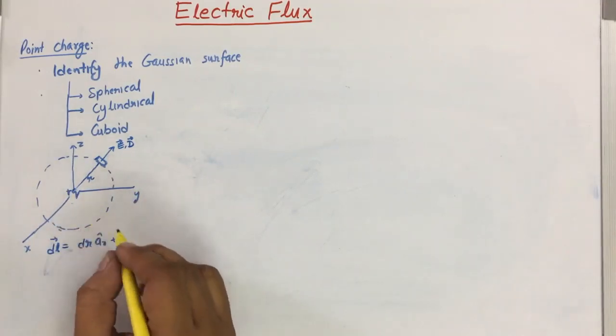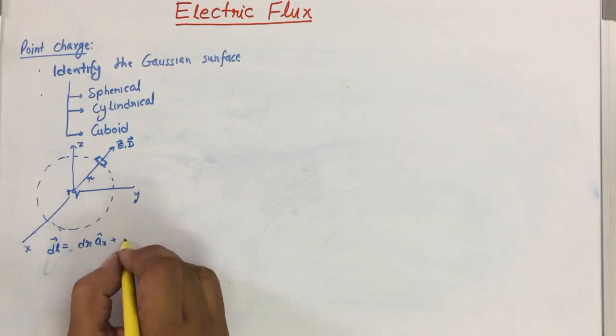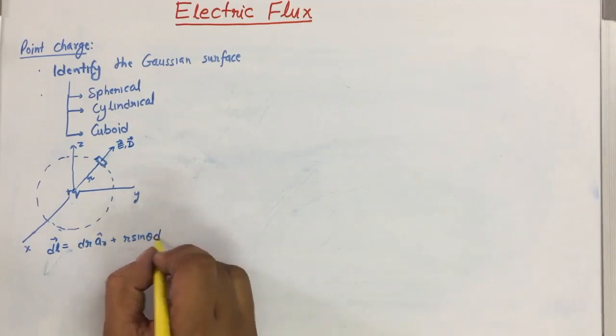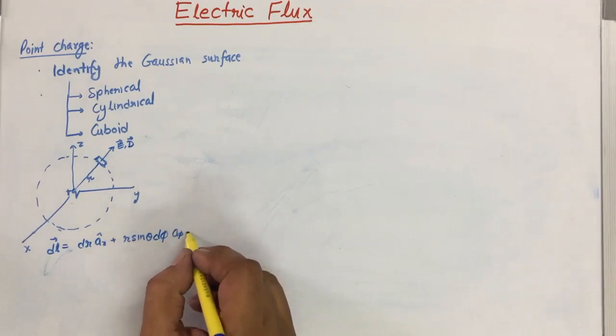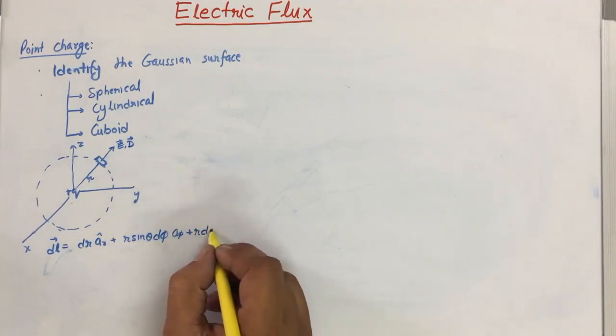We are not going to revise that, I am just writing here dl can be dr ar, r sin theta d phi a phi, plus r d theta a theta.